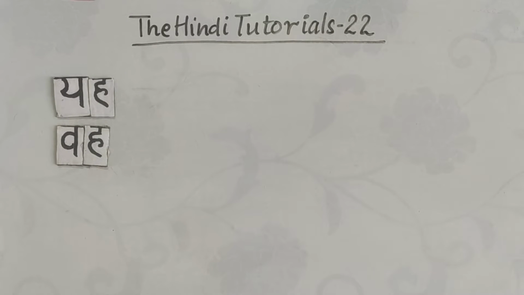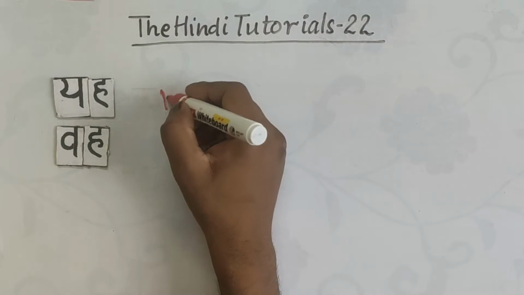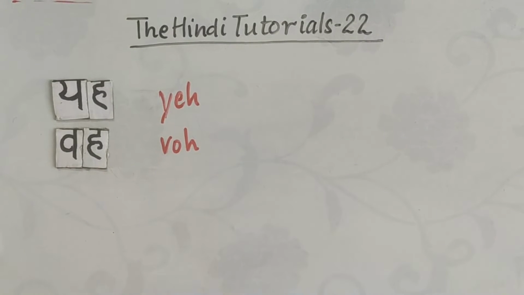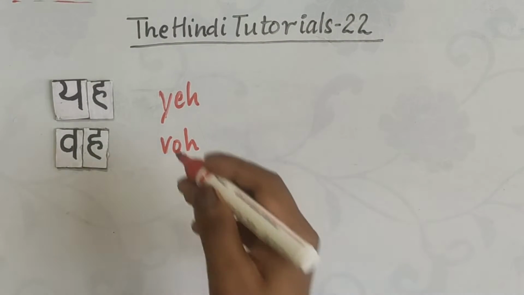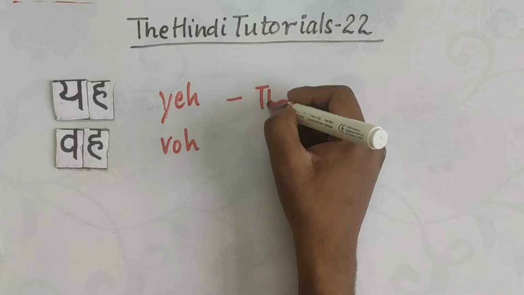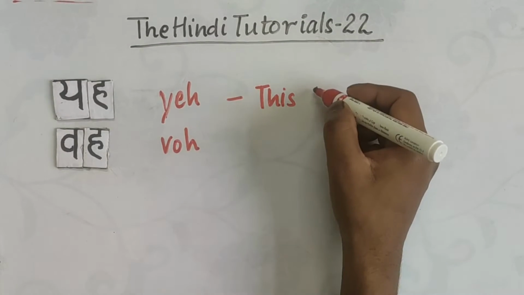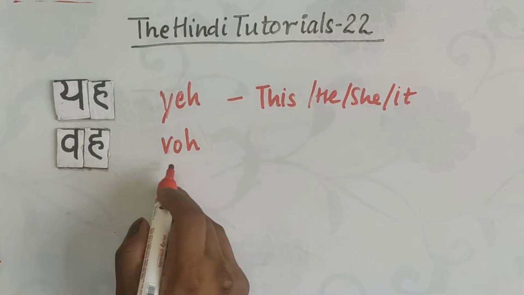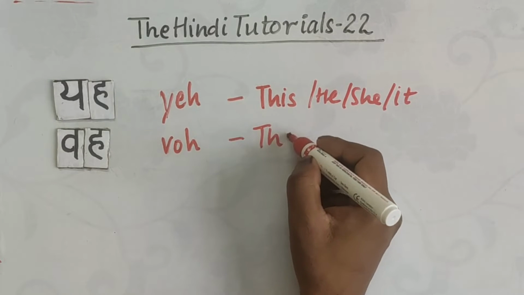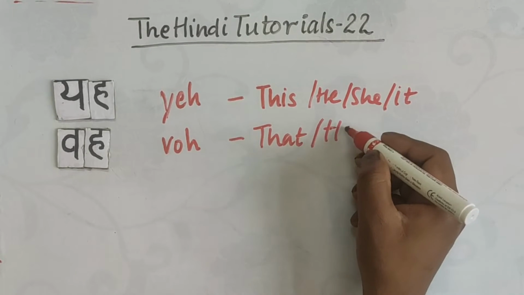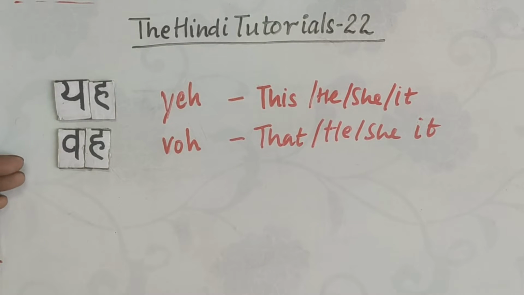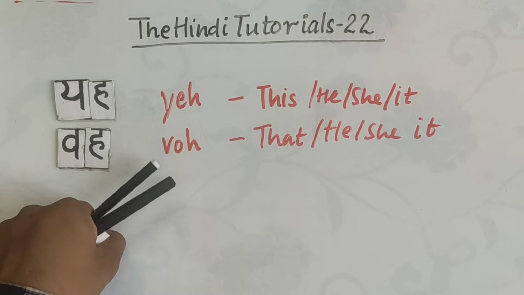In common pronunciation, we pronounce them ye and वो. यह और ये means this, or he, she, it, and वो means that, or he, she, it. This is the common pronunciation.